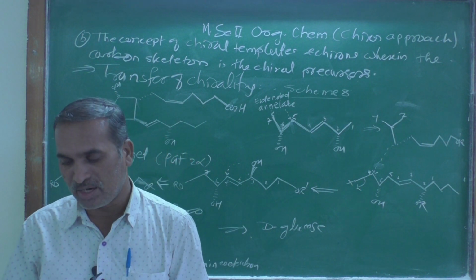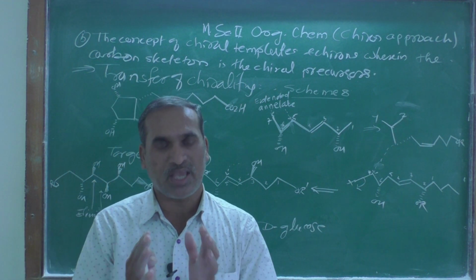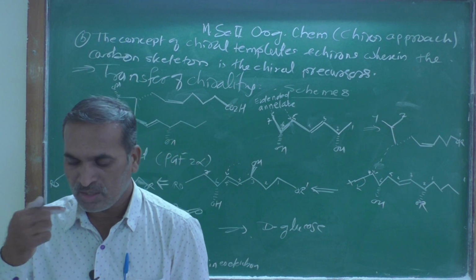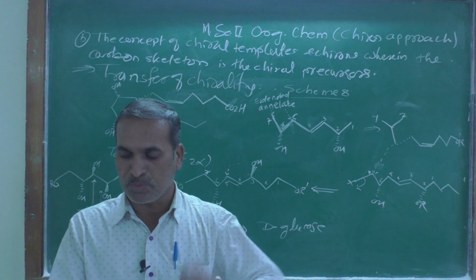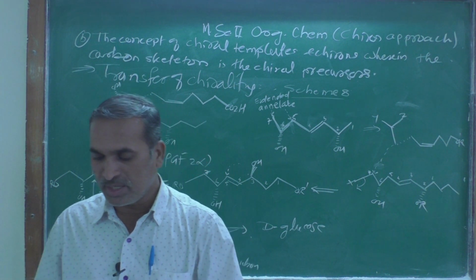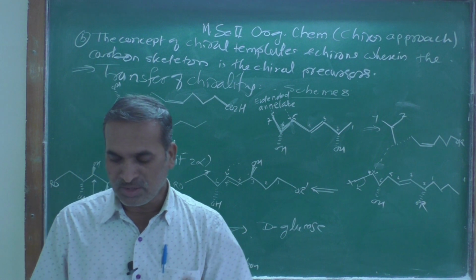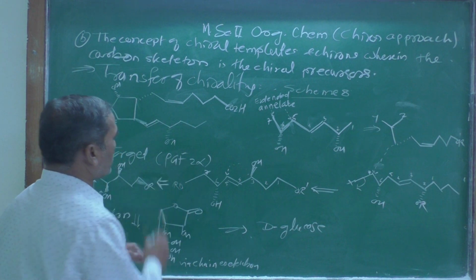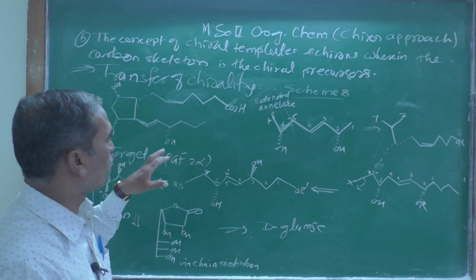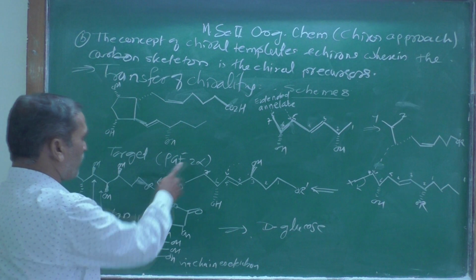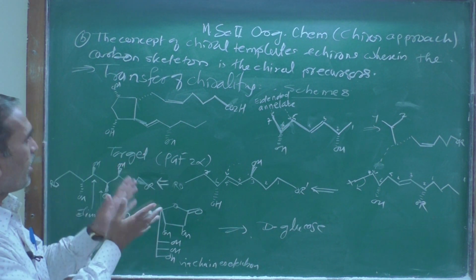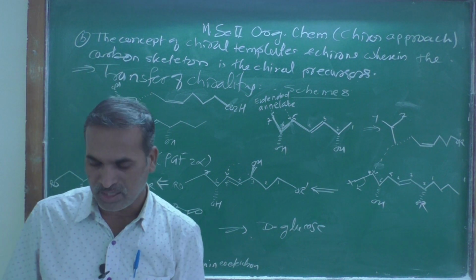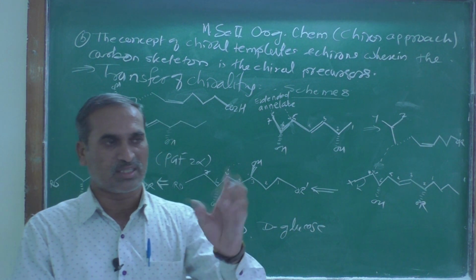And in this manner a useful methodology can be applied for the introduction of one or more carbon substituents in a predetermined manner, and thus PGF2 alpha. This is one of the target molecules we have considered here, and as we know, the target molecule is the molecule whose synthesis is being planned.